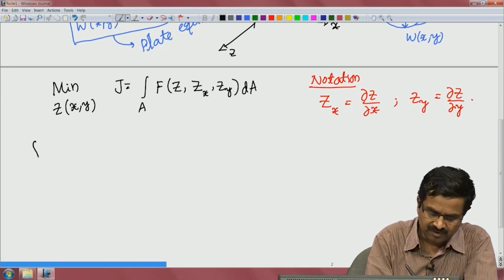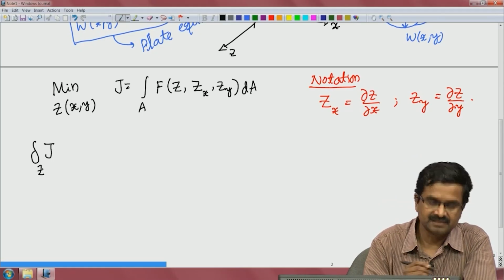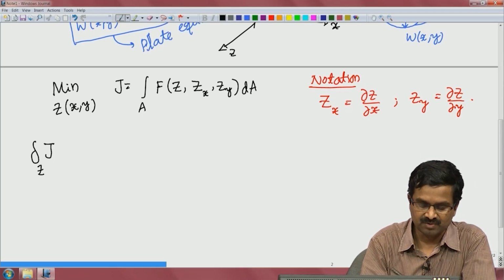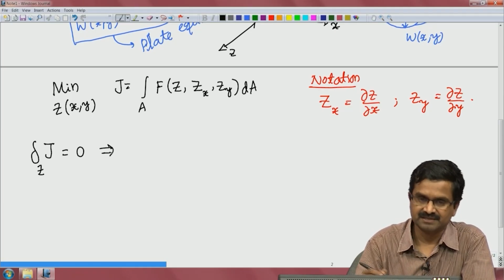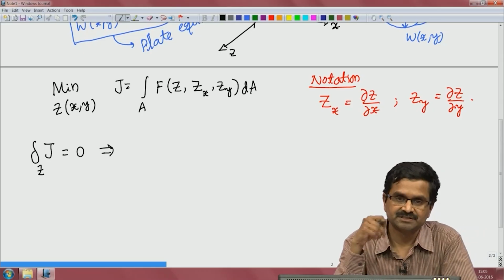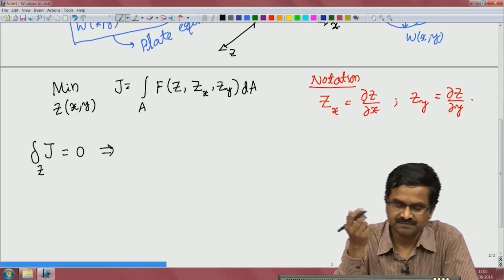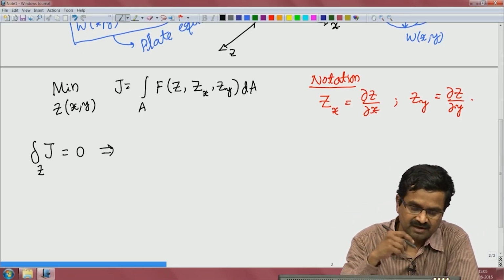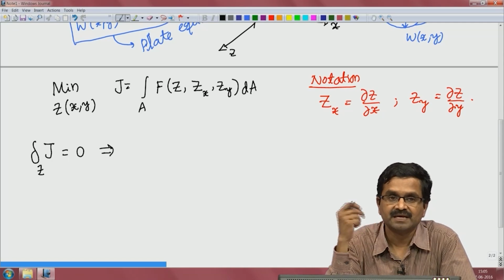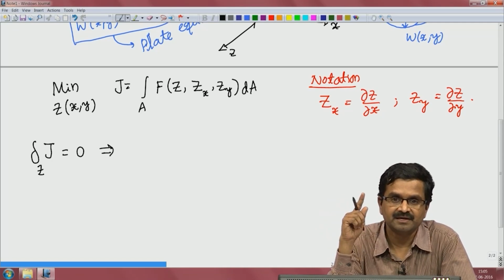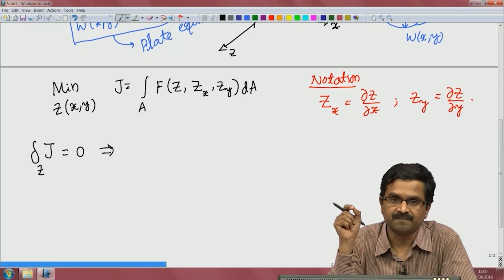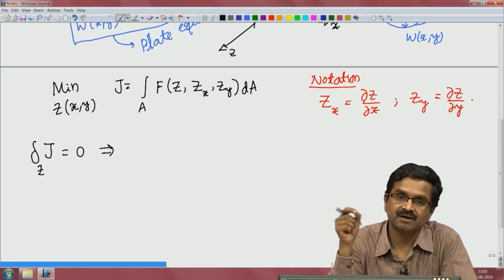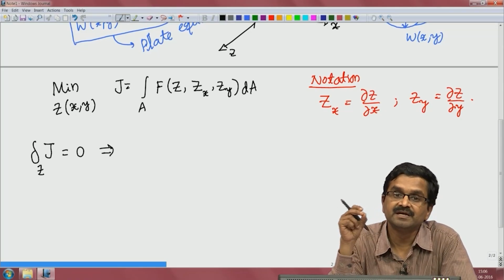Now, when I take the variation of J with respect to z, that is our variable z(x, y), and we have to equate it to 0, what we get, if you remember the definition of Gateaux variation, where we have z plus epsilon h. Now, earlier h was only a function of x, now h will be a function of x and y. That h can also be called delta z, because that is a variation of z.